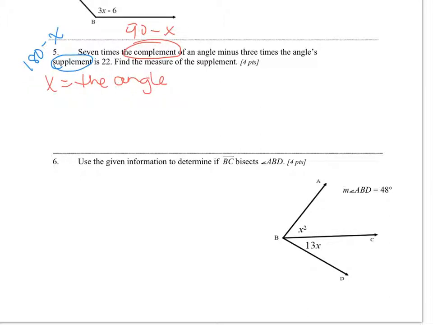So then we just translate 7 times the complement of the angle minus 3 times the angle's supplement is 22.